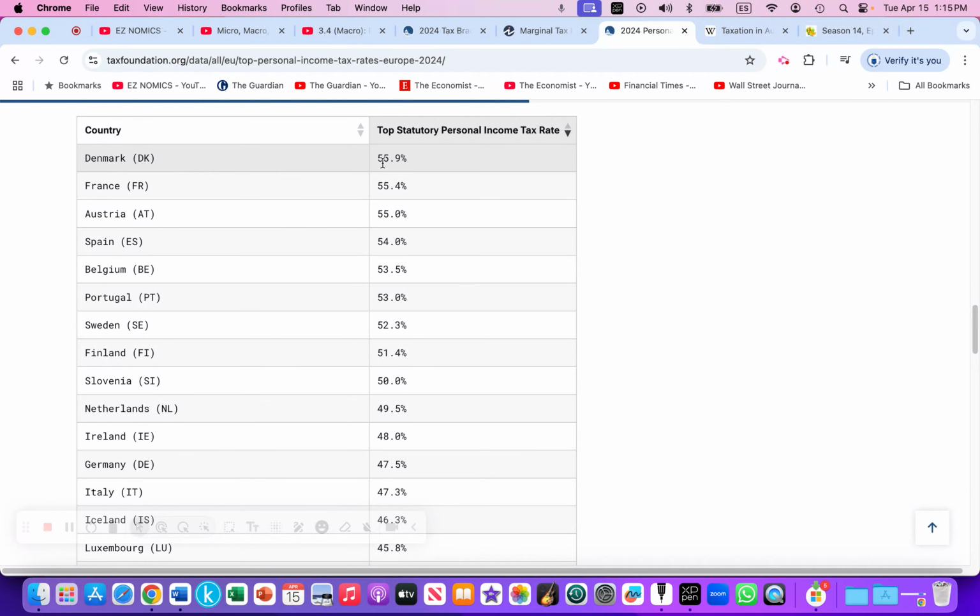People in that highest income tax bracket face 55.9% income tax, and France is the second highest at 55.4%. And then Austria, and we're going to use Austria as our example, at 55%, Spain at 54%, and so on. So European nations have relatively higher income tax rates for the top bracket relative to the United States, which is at 37%.